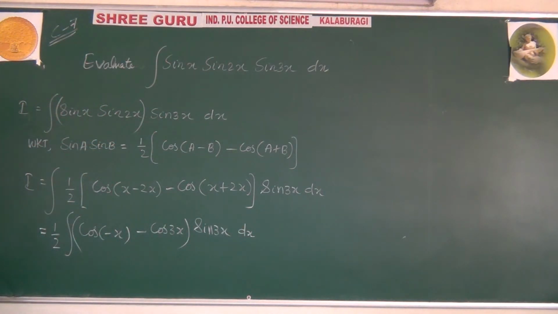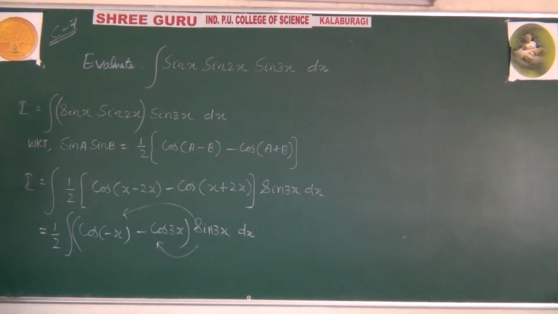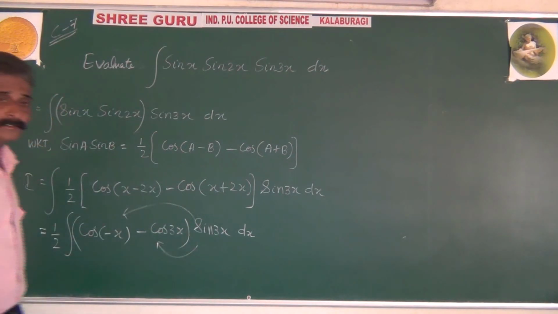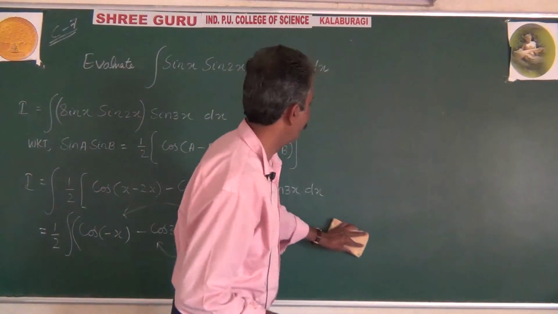One step I will skip, it's not a great step: cos of minus theta is plus cos theta. At the same time, open the bracket with sin 3x. Let us use cos of minus theta is plus cos theta, and also open the bracket with sin 3x at a glance, meaning at the same time.